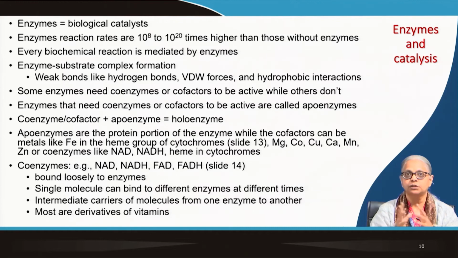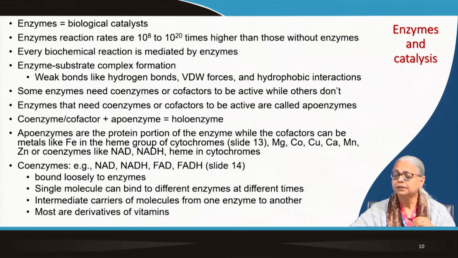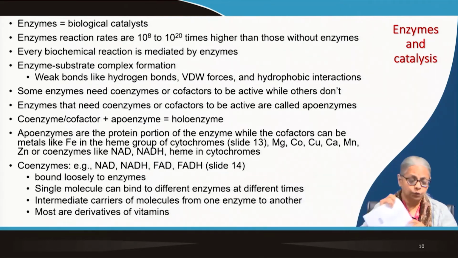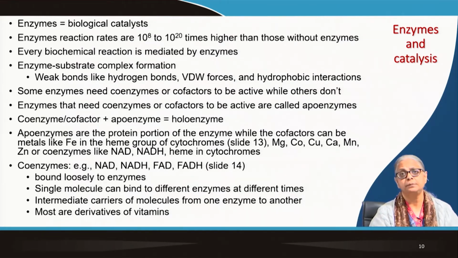Hydrogen bonds, van der Waals forces, hydrophobic interactions, all these are crucial for the complex to form and the enzyme mediated reactions to happen. So some of these enzymes can work on their own, while others need coenzymes or cofactors to be active. So there are different types of enzymes.